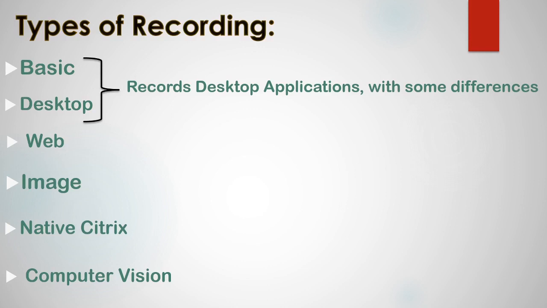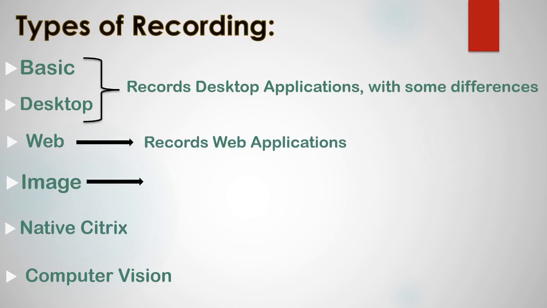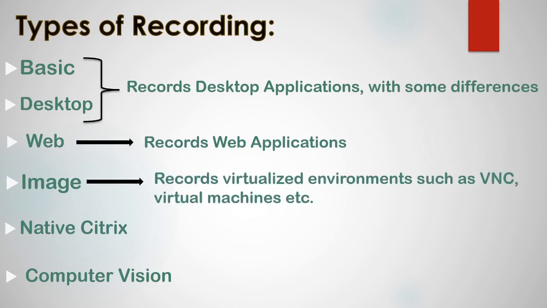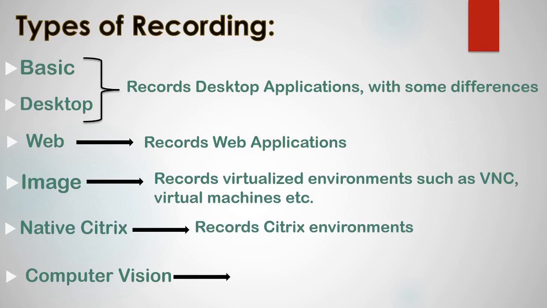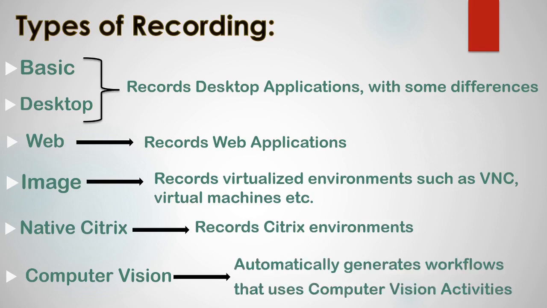Web recording records web applications. Image recording records virtualized environments such as VNC, virtual machines, etc. Native Citrix records Citrix environments, and computer vision automatically generates workflows that use computer vision activities. So we will look into each of them one by one.